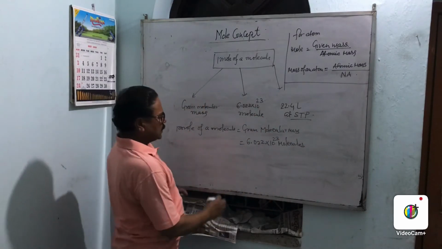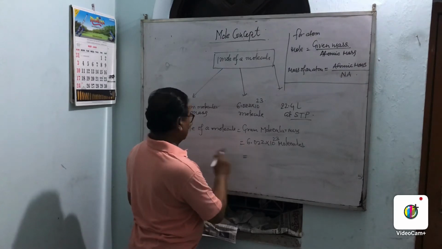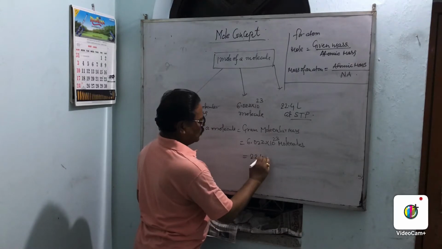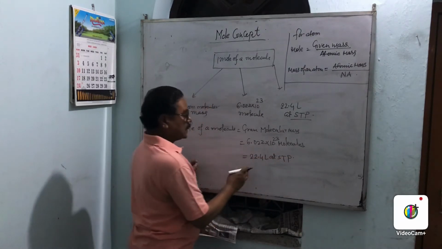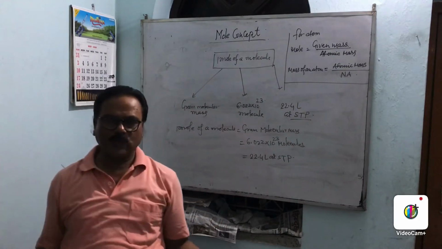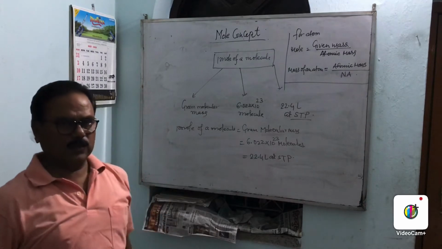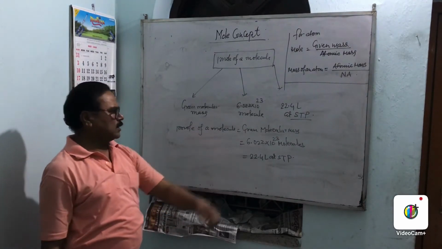Similarly, if it is related with volume, then it is written 1 mole of a molecule is equal to 22.4 liters at STP. And if we take it in milliliter, then it is equal to 22,400 cc. 1 liter is equal to 1000 cc.